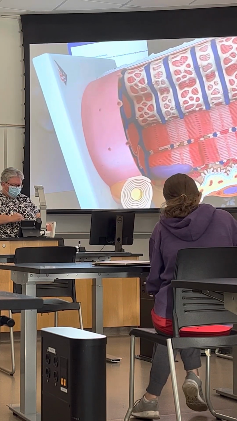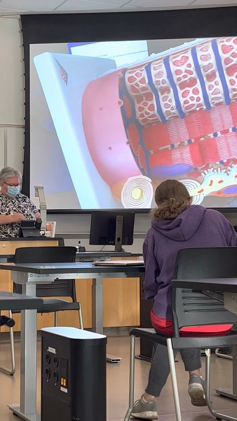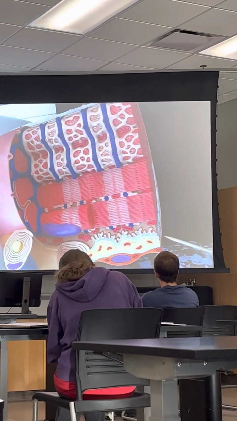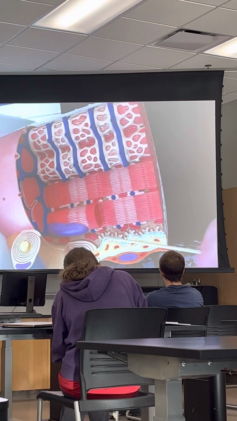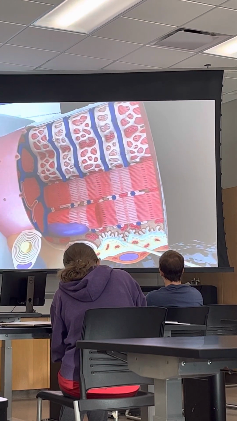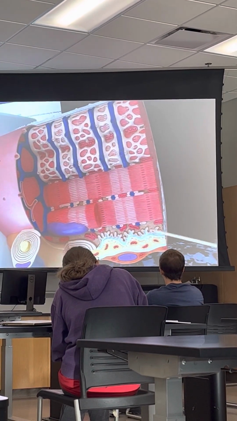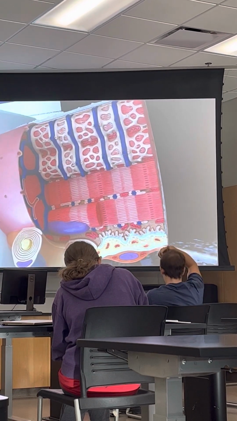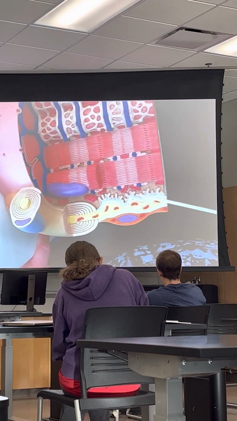Here's the motor neuron coming down to form the neuromuscular junction. This would be the neuromuscular junction area here, and the synaptic cleft and everything, and the motor end plate. You can't really see that very well on this model.